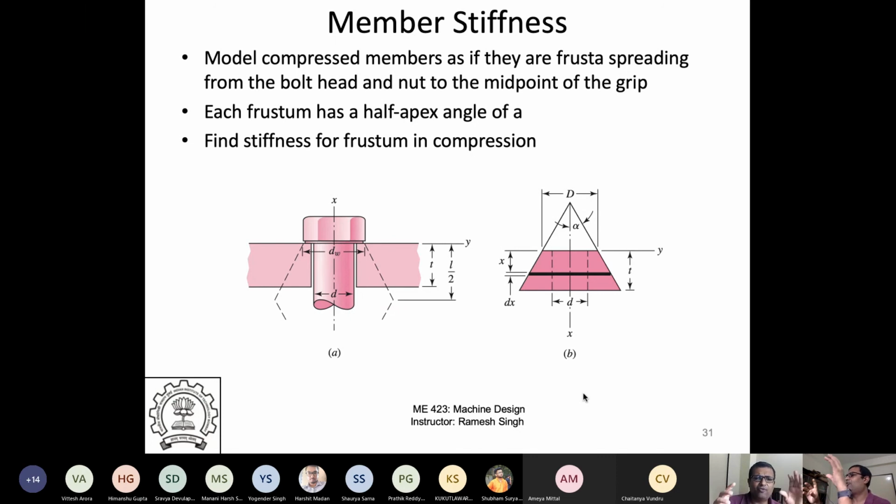All it will do is, for one portion, whatever you have computed, the stiffness will be half of it, because it's 1 over K1 plus 1 over K2. If it is the same, then 2 over K is the total stiffness, so Km will become K over 2. So stiffness will be half of whatever is there for one layer.